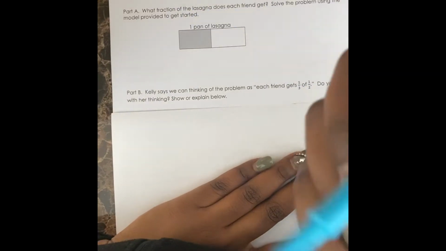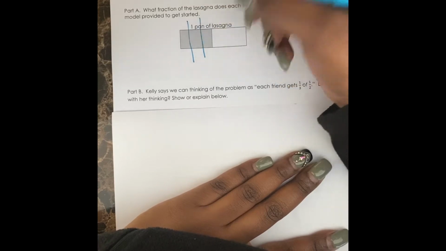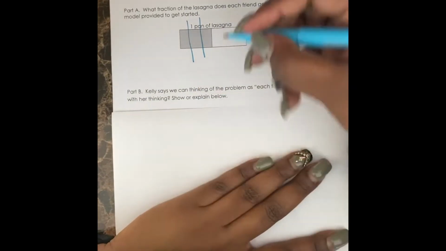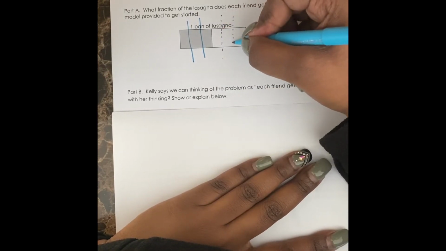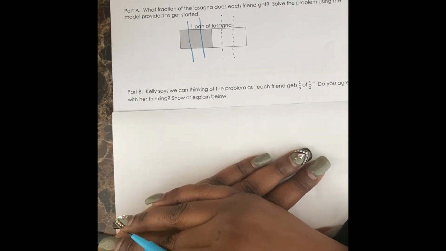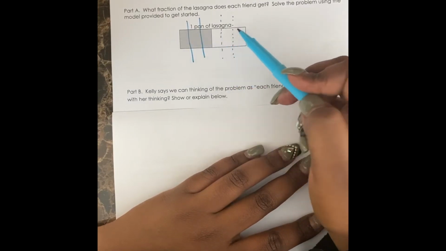So I'm simply just going to take my marker and I'm going to split this pan into 3 parts. What I do to one side, of course, I'm going to do to the other. In this case, I'm going to use dotted lines because we're not really worried about the other side. It is going to give us our new denominator though. So as we can see, our new denominator becomes 1, 2, 3, 4, 5, 6.